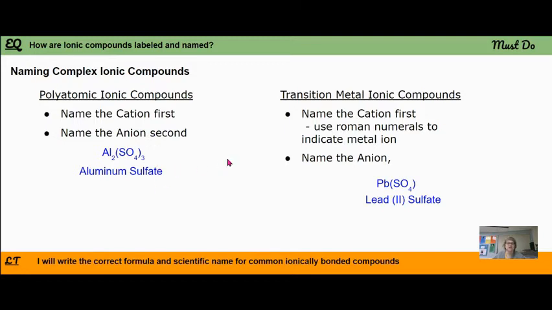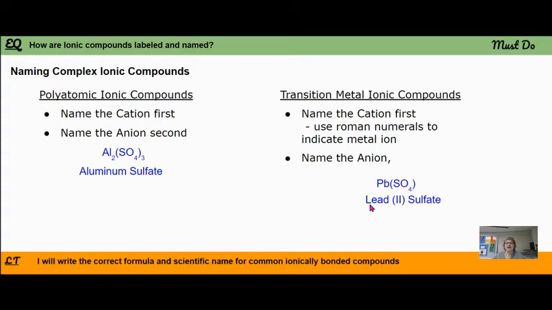If we're using transition metals, we're going to name the cation first, just like we normally do. So Pb is lead, but then we're going to use a Roman numeral to indicate what that ion number is. In this case, it's lead 2, and then you name the ion. SO4 is sulfate.